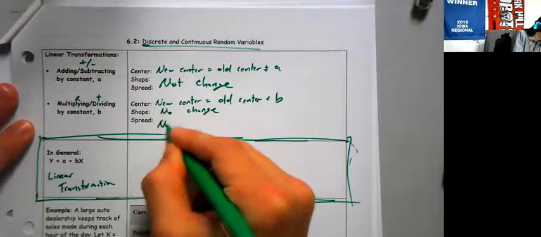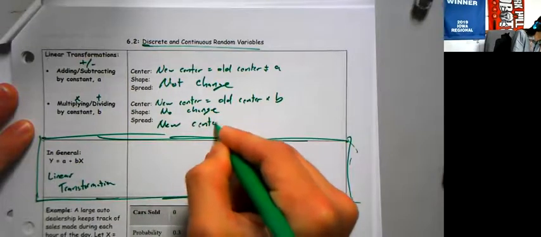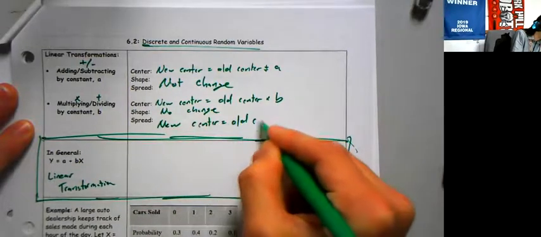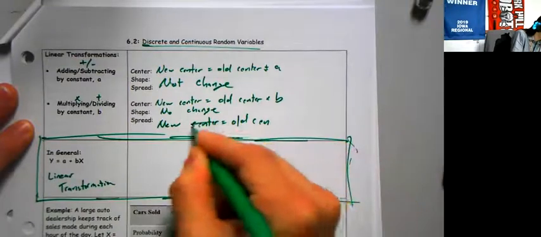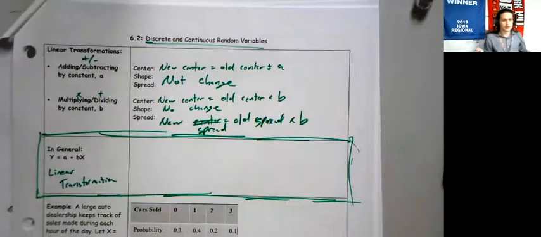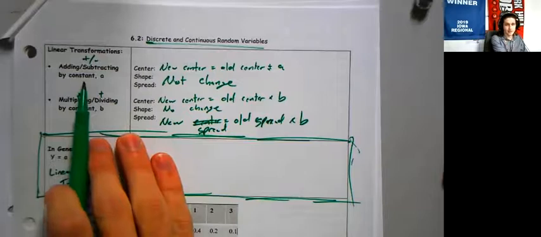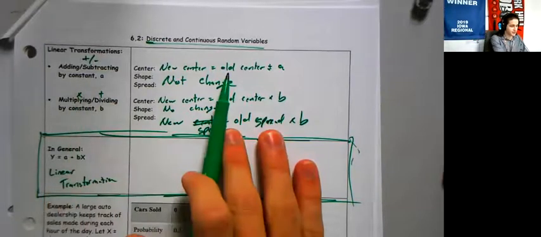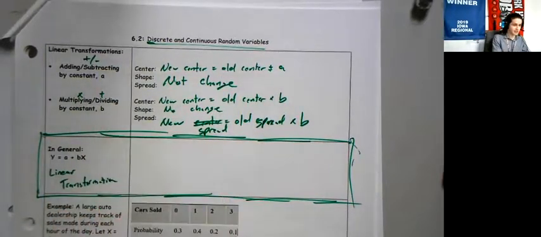The new spread is the old spread times b. So what's the big idea? This is something we saw in our chapter 2.5 test. Adding or subtracting affects the center. Multiplying and dividing affects both the center and the spread.